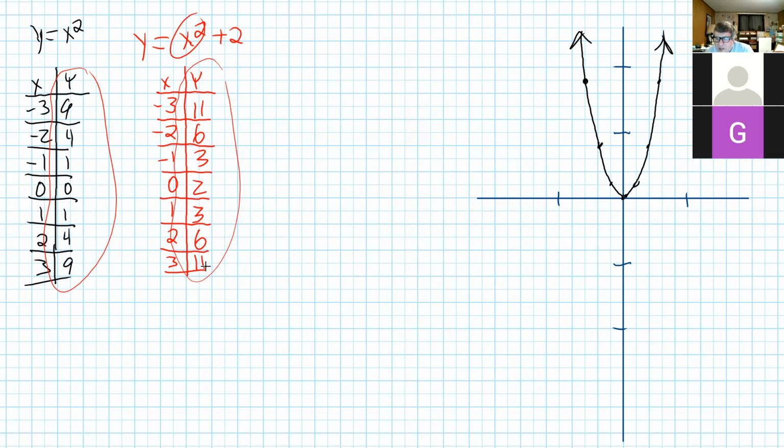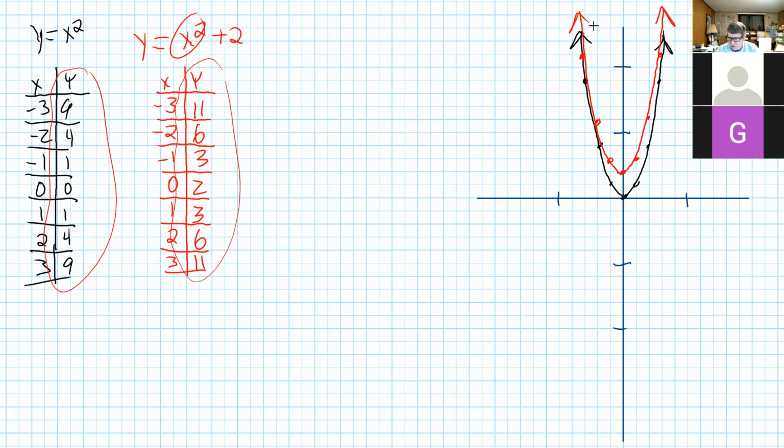So all of the y values had an increase. They all got a $2 raise. So what is that going to do to the graph? It's going to move it up 2 units. Okay, so the shape of the graph is the same.